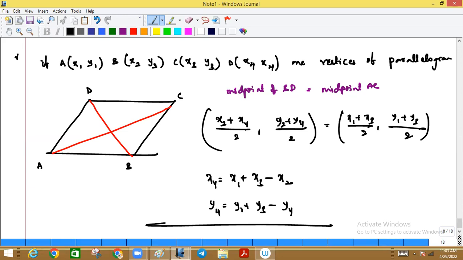Right? So if three vertices are given, you can find out the fourth vertex by using this formula.